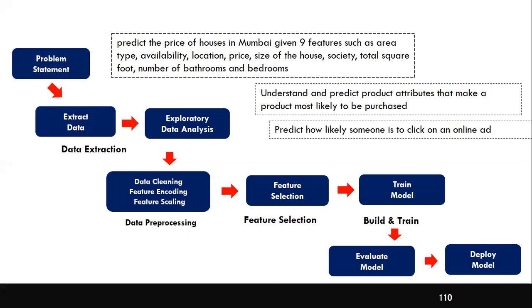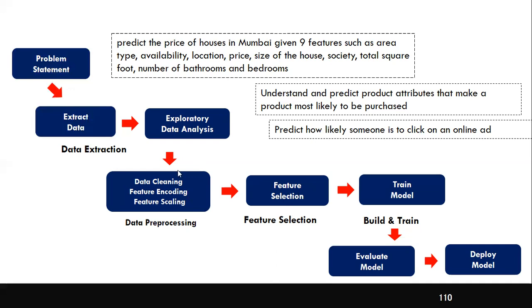But usually we conduct extensive exploratory data analysis and extensive data pre-processing, because in a real-time scenario the number of features is larger and the volume of data is also higher. In these steps we spend more time, and on feature selection we spend some time.